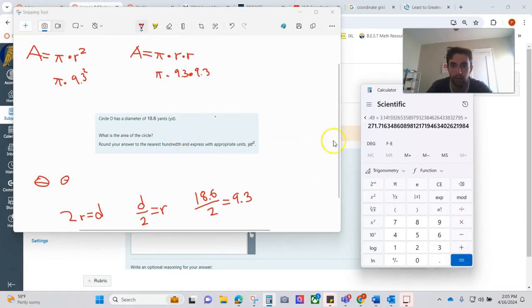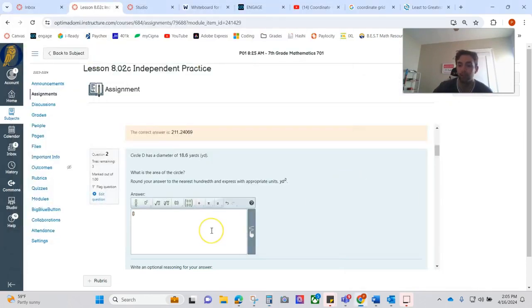Round my answer to the nearest hundredth, so that's the second decimal place. When I round to the hundredth, I look at the thousandths place. For me, my 6 will tell my 1 to round up because 6 is closer to 10, making my answer 271.72.